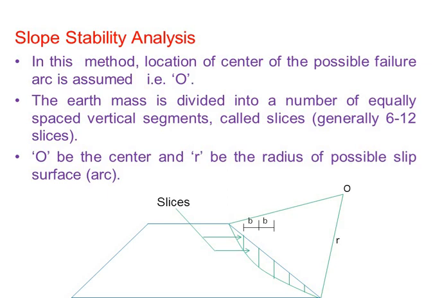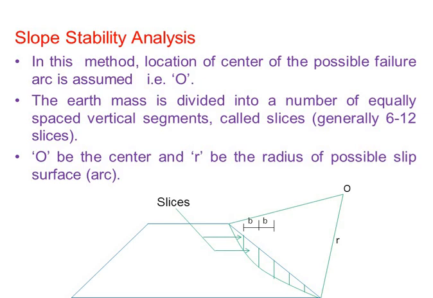In this diagram, such a possible failure arc whose center is O is considered. It is assumed to be a possible failure arc as we don't exactly know whether it leads to failure or not, which can be tested by finding the factor of safety for the arc.